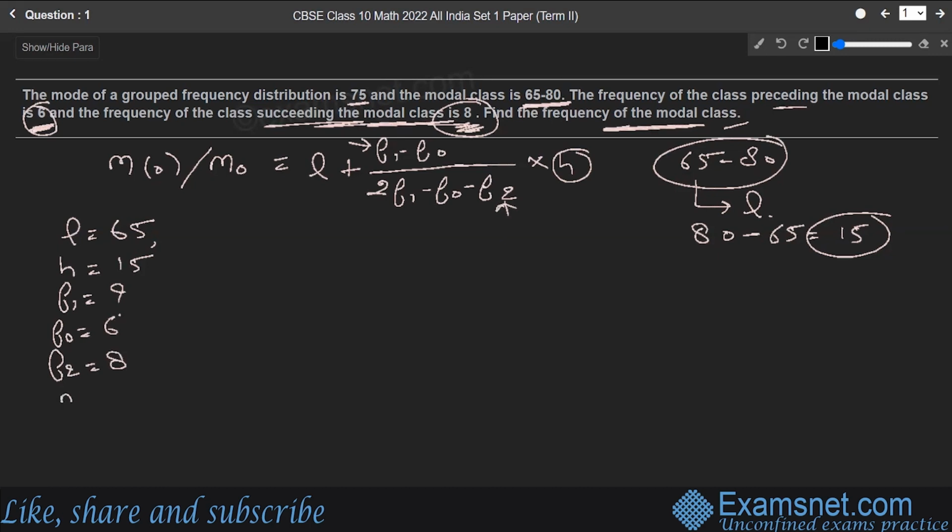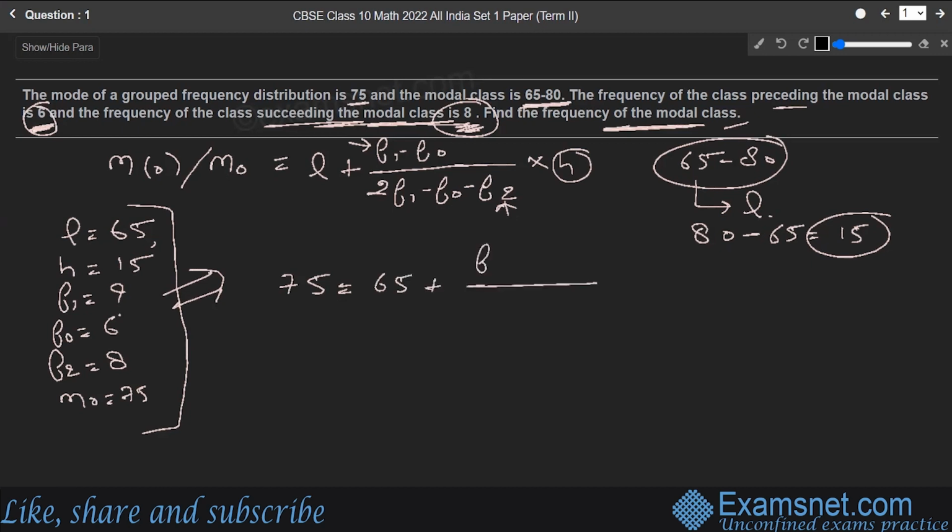Mode is already given to be 75. So we'll put all these values into the formula and try to find the value of f1. So M naught, which is 75, is equal to L value 65 plus (f1 minus f naught). F1 is unknown for us.